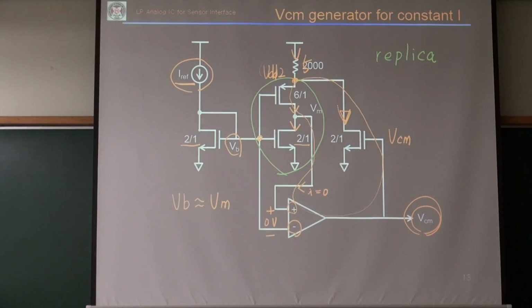So this inverter works at the logic threshold with a current of IREF, right? Then this IREF determines the GM of this inverter. If I broadcast the VCM to all inverters, then all inverters work at this current at the logic threshold. Okay? Question?